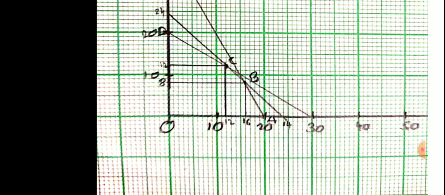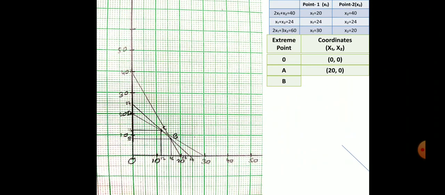Each box has 10 lines, one line for one point; if you count 1 2 3 4 5 6, it is the 16th line. So it meets the x1 axis at 16, and on the x2 axis it is 8. So the value of x1 is 16 and the value of x2 is 8.